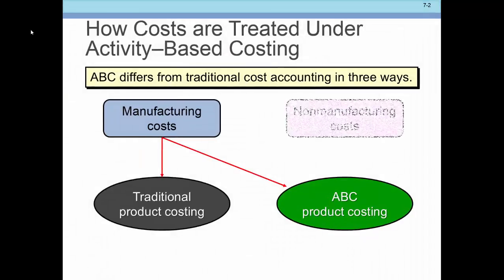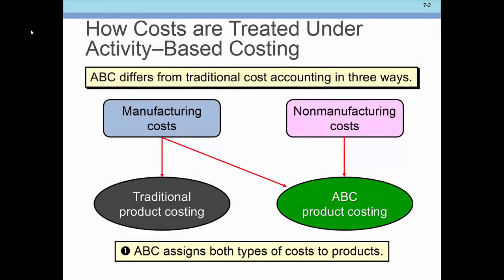When we are dealing with traditional manufacturing overhead application, in traditional costing, we're just going to have one overhead rate, and we are only going to apply our manufacturing costs to our jobs. Remember, our administrative costs, we were expensing those directly, right?